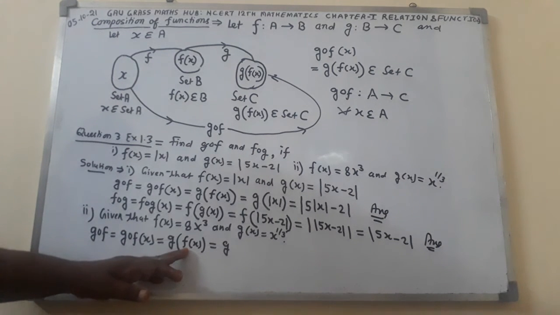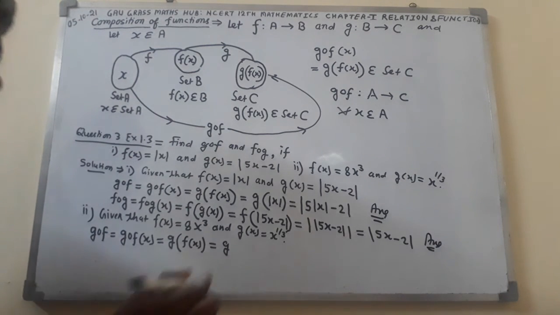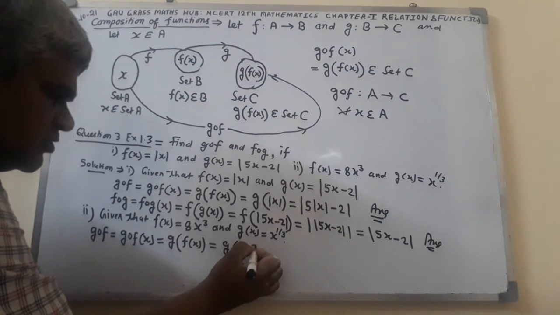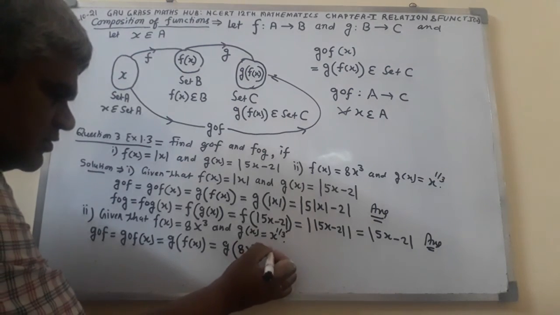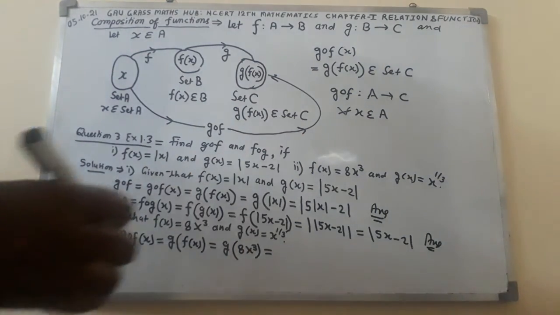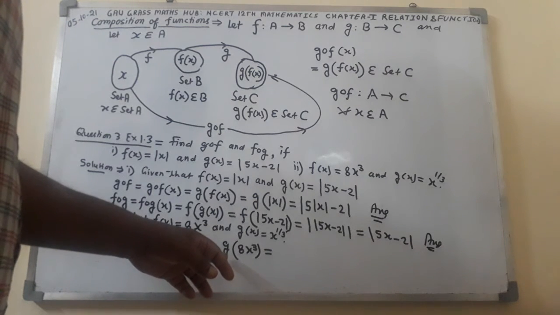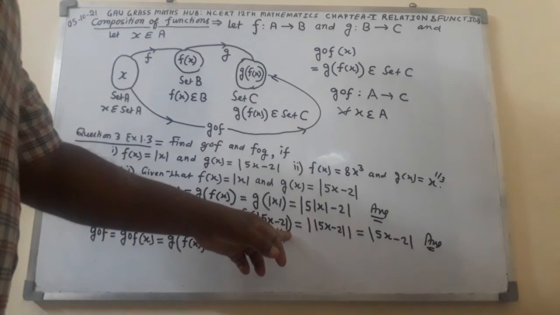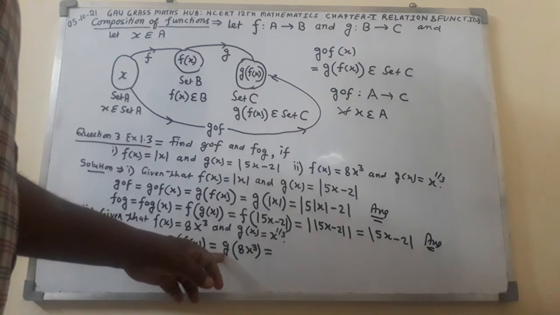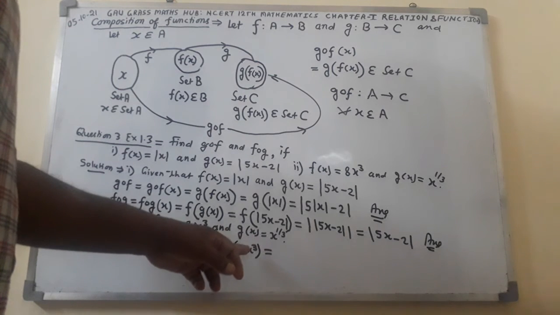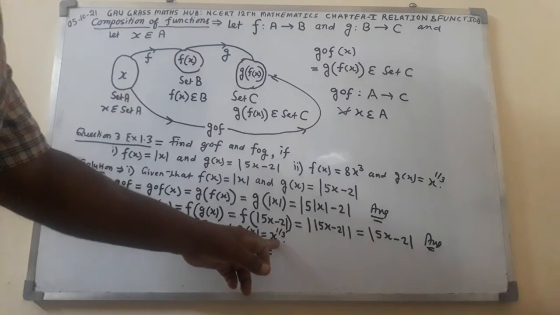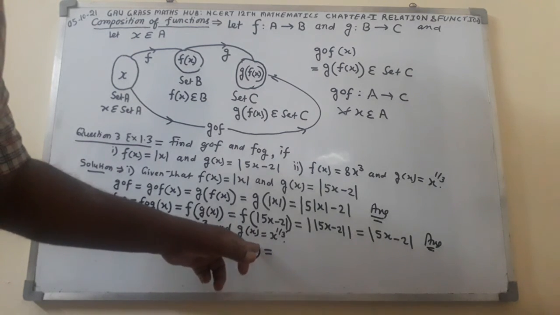In place of f of x, we shall write 8x cube. So here write 8x cube equal to, just here you can see g of x equal to x raised to the power 1 over 3. Here in place of x, 8x cube is there. So what we'll do here, in place of x, we shall write 8x cube.